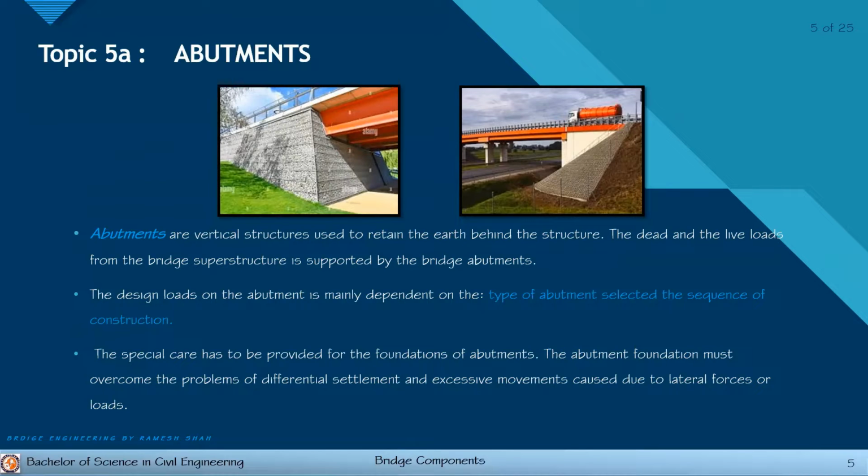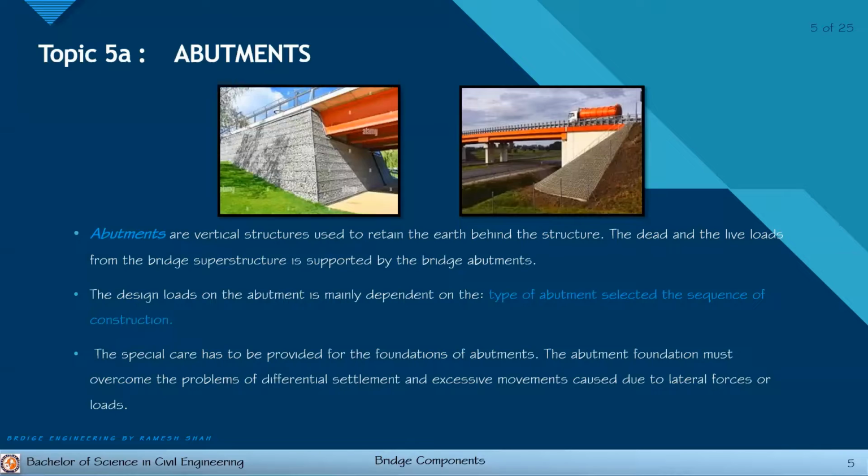Sila yung mga superstructure. The design loads on the abutment is mainly dependent on the type of the abutment selected and the sequence of the constructions. Special care has to be provided for the foundations of abutments. The abutment foundation must overcome the problems of differential settlement and excessive movements caused by lateral forces or loads.